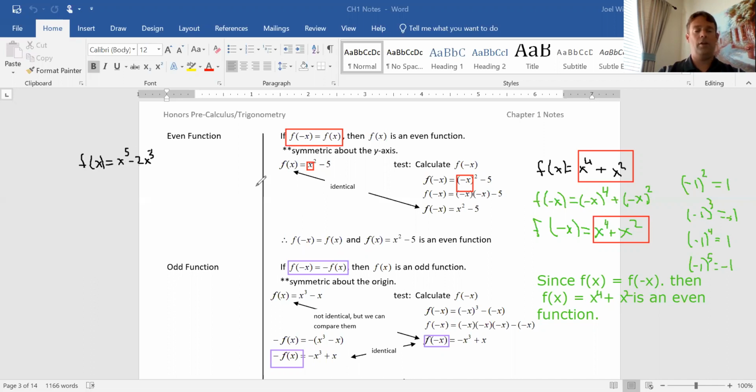Pause the video and see if you can actually figure that one out. X to the 5th minus 2x cubed. Is it even, odd, or neither? All right, here we go. I plug a negative x in there.